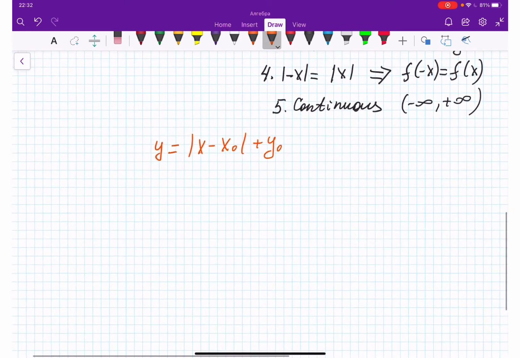So first, let's build the graph y is equal to the absolute value of x minus 2. Before we build the graph of the absolute value of x minus 2, the first thing we have to do is build the graph of the absolute value of x. All right?